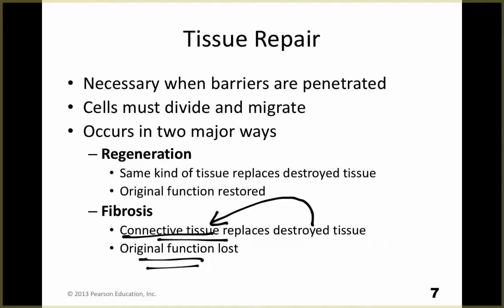And this happens a lot in the heart. Certain times you can also find this in the liver. You can actually find both types in the liver. But fibrosis is very, very common in heart tissue that gets damaged.